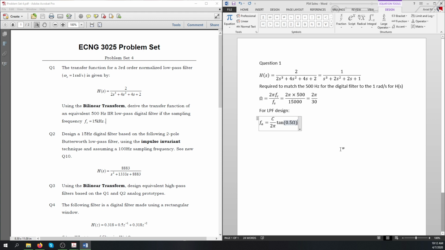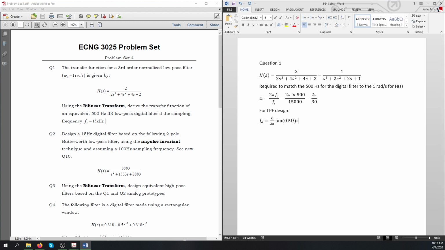So if we substitute in capital omega first, copy this here. The 0.5 multiplied by 2 pi divided by 30 will give us 2 pi by 30 by 0.5, which means this will just go to pi on 30.